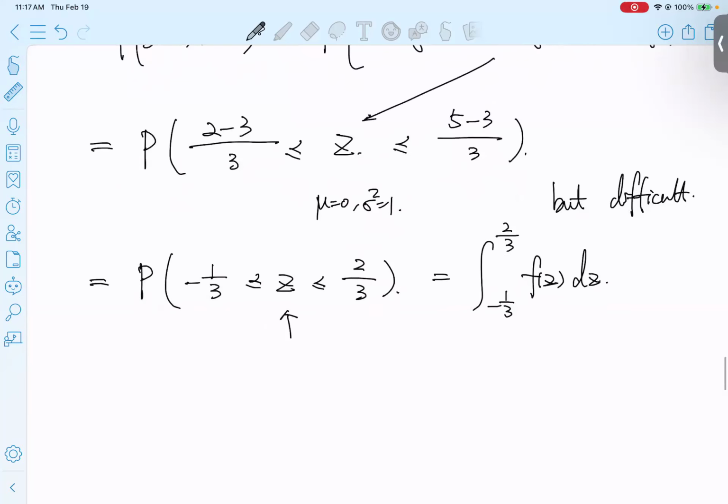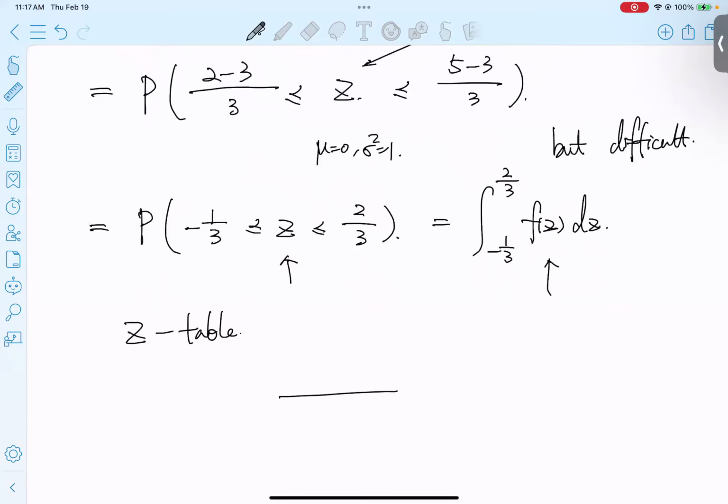Then how should we solve this? The underlying idea is based on history: there was no computer at all to calculate this, so they resorted to a Z table. Now let's take a look at the visualization here.